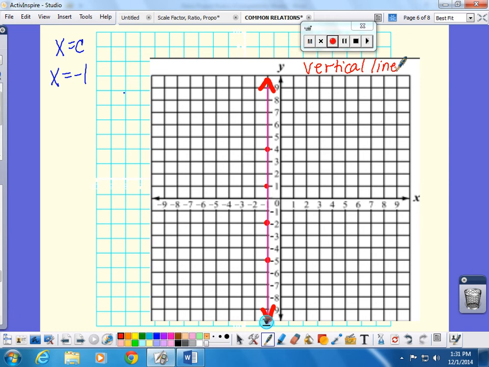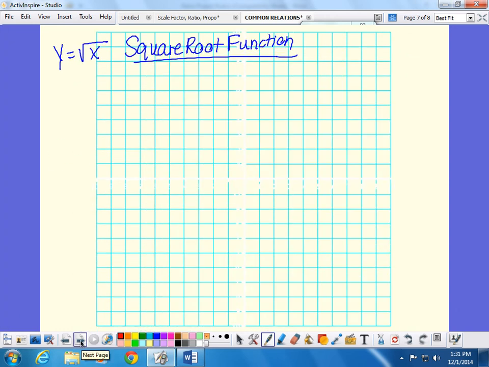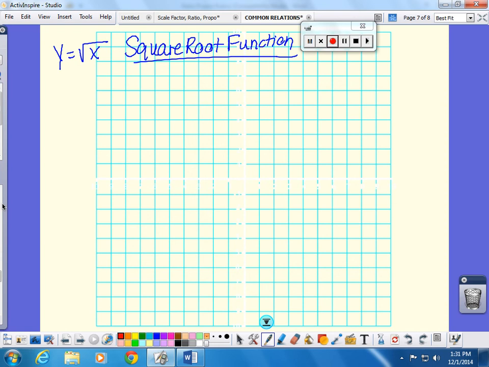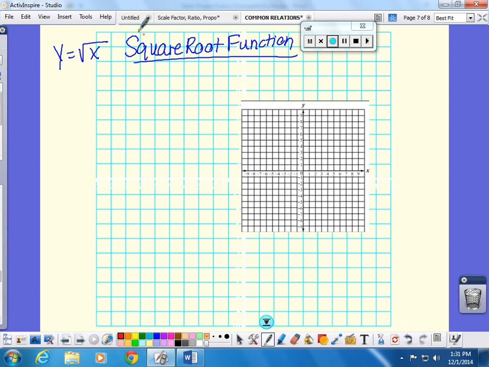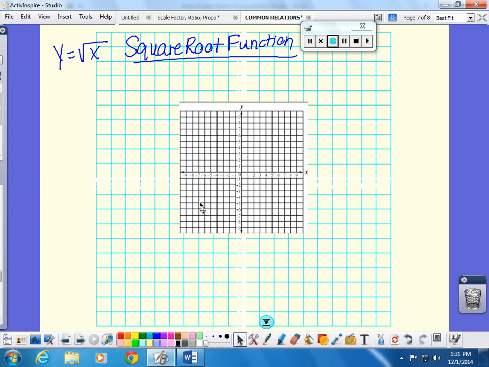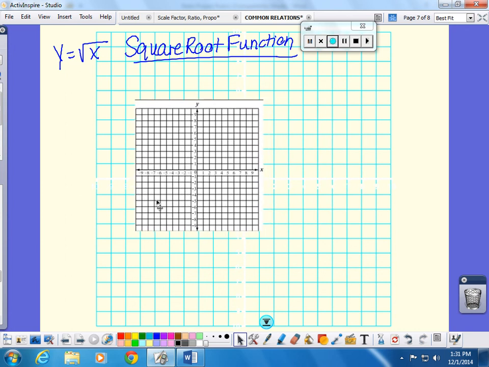It's not too bad so far, is it? No. Alright, the next one is the square root function. Now the square root function, guys, we drew it across 16.